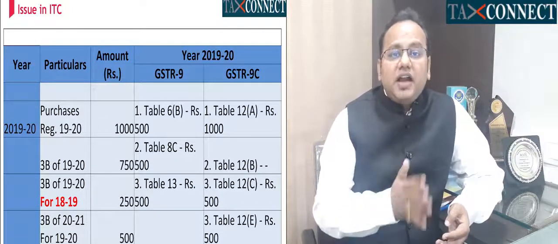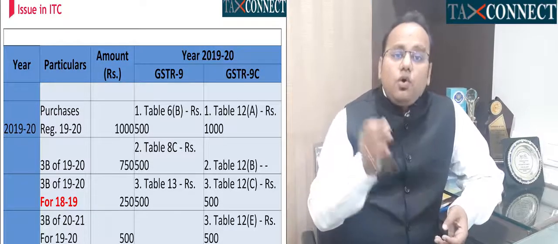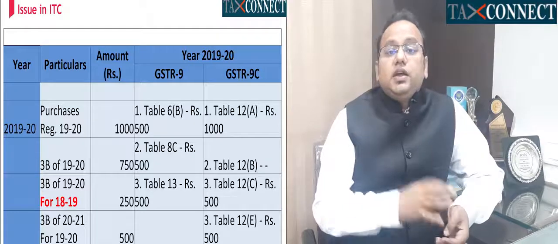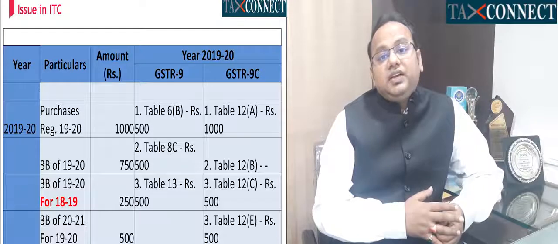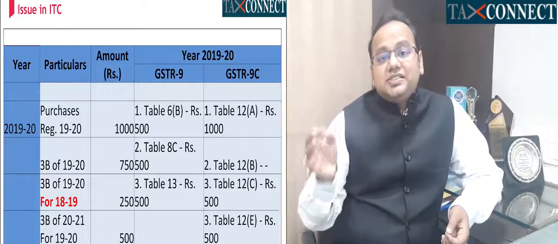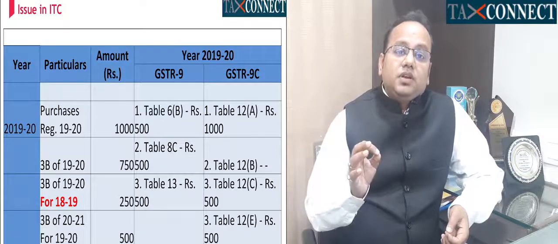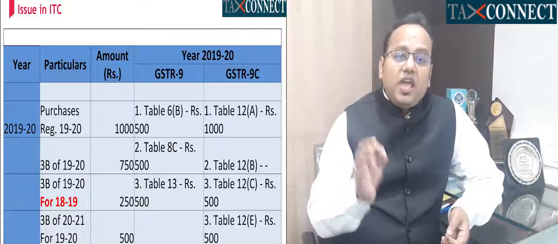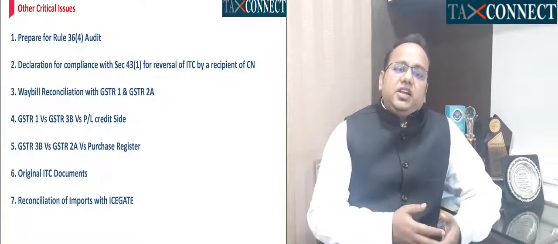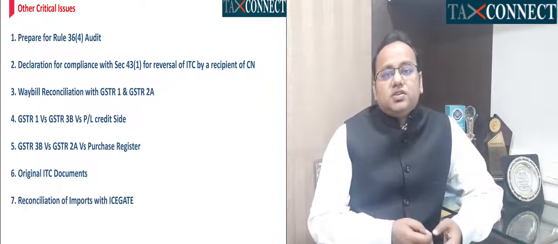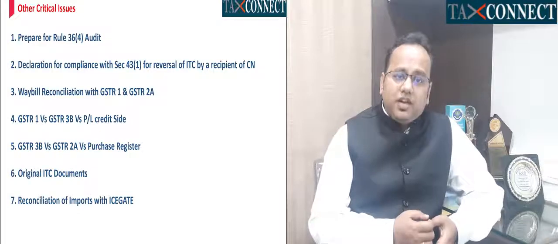That is barred now as per instruction 2A, and therefore only those ITC related to 19-20 should be taken in table 6 and 7 both as per instruction 2A of GSTR 9.